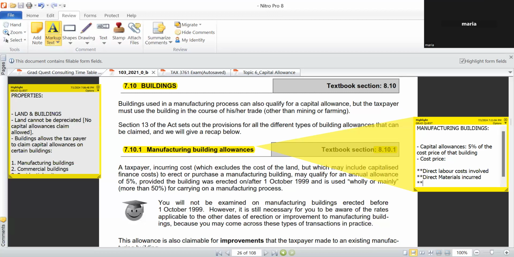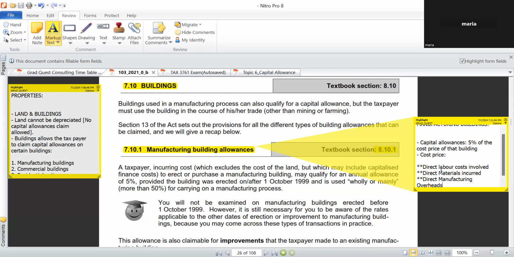And then, of course, if there were any direct manufacturing overheads, they'll also mention that. Manufacturing overheads, sometimes they can give it in that sense. It will also make up the value of that particular building.